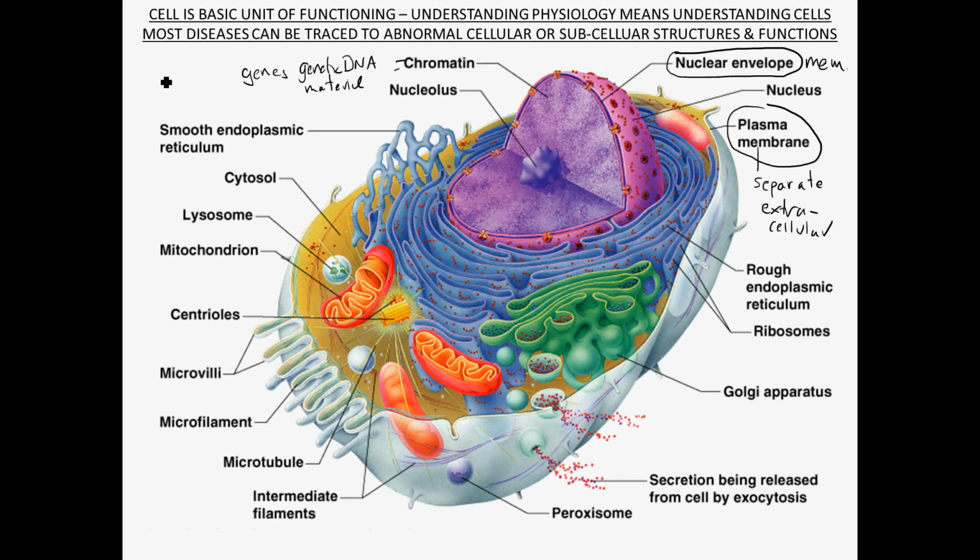And increasingly in medicine, we are now sort of on the cusp, on the verge of understanding the genome and how that functions. And the genome is the collection of all the genes in the organism. And so if diseases can be traced to abnormal cellular function or subcellular structures, such as abnormal genes, therapies for those diseases should be targeted at the genetic level for some of them, right?